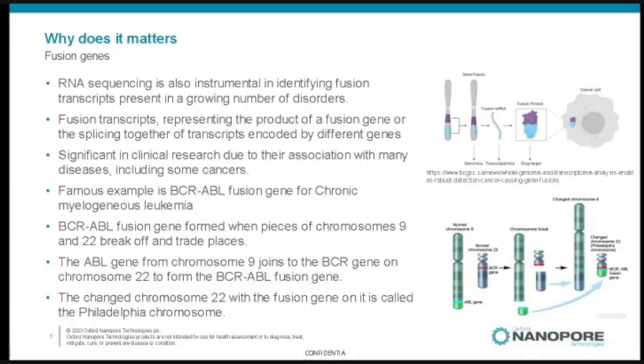You can see in the diagram at the bottom that originally BCR is from chromosome 22, and ABL is from chromosome 9. Part of each breaks off and fuses together to form a fusion gene. The changed chromosome with the fusion gene is now called the Philadelphia chromosome. This is actually a hallmark of cancer.